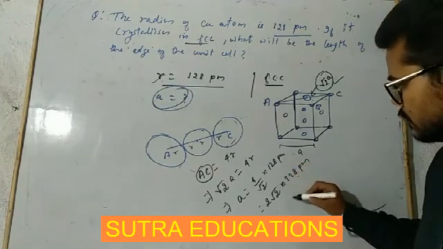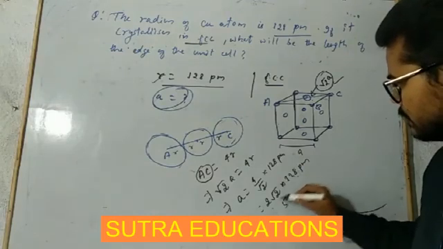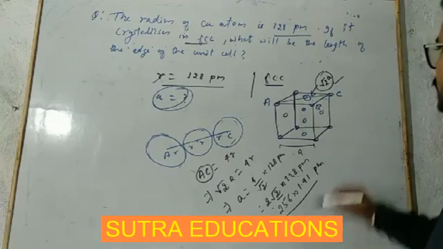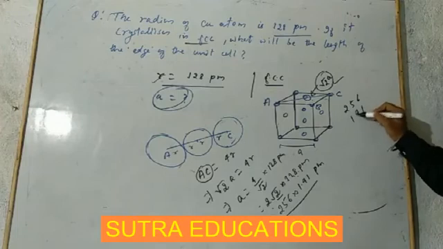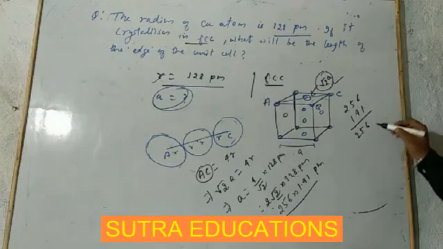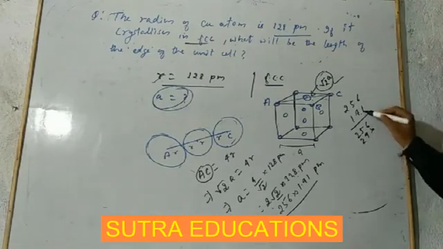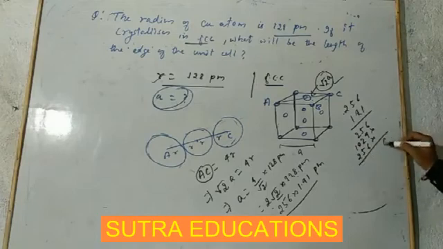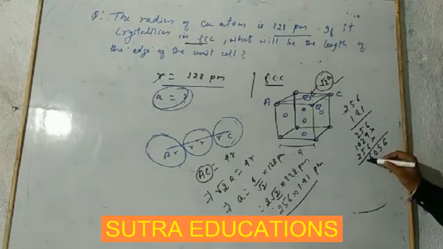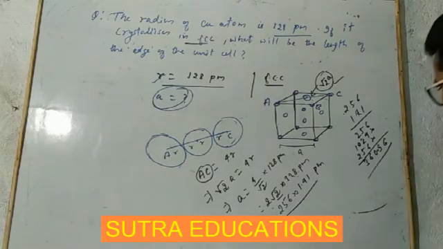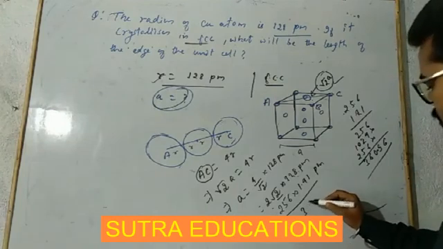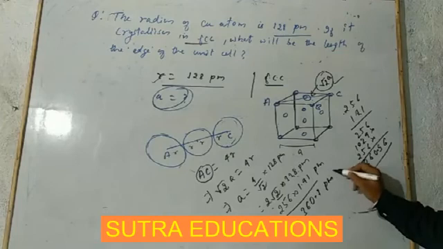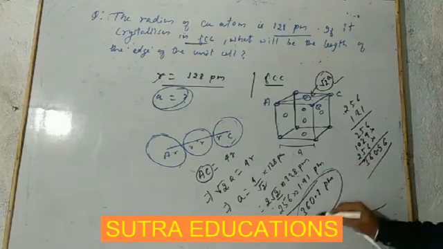That is 256 into root 2, 1.41 picometer, which means it will be equal to 256 times 1.41. The result is 360.96, which is approximately 360.1 picometer. So A is equal to 360.1 picometer.